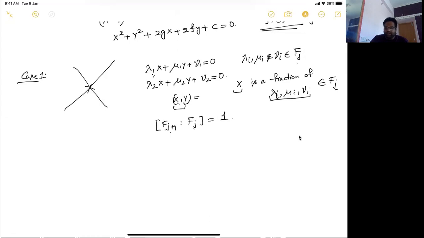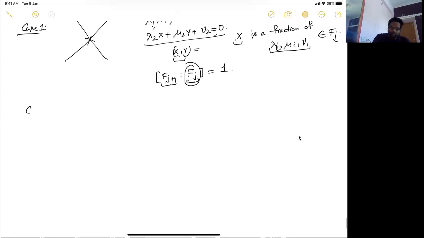It is simply obtained by adjoining x_{j+1}, y_{j+1} to F_j. But x_{j+1} and y_{j+1} are the solutions of these two equations, which are quotients of elements of F_j and therefore must belong to F_j. So no new elements are added to F_{j+1} if you take two straight lines with endpoints in F_j and take their intersection.